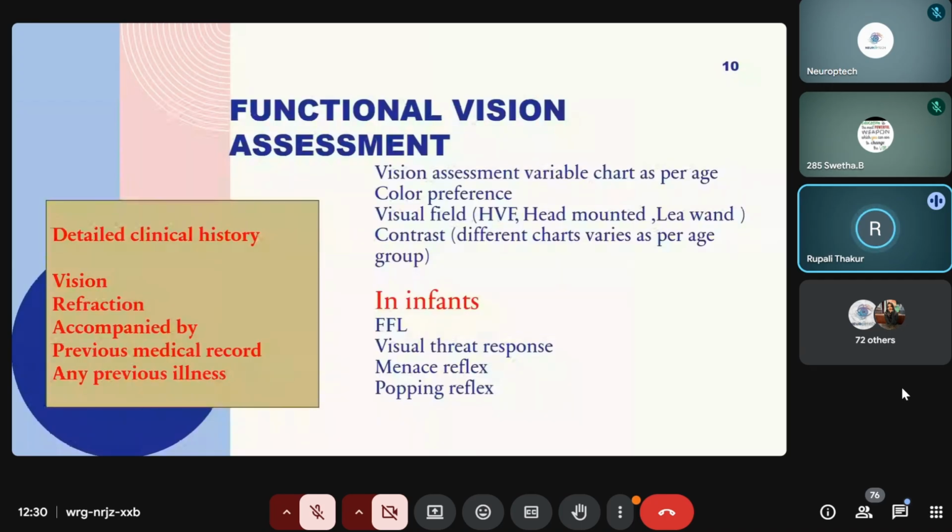Then refraction is very important, because in CVI they are not very attentive, so how are you going to give them a particular target. But you can perform near retinoscopy also to get a good amount of refraction. Some of the time they are having high plus numbers also, because till the age of 4 years a child is able to see only near, their activity area is near only.